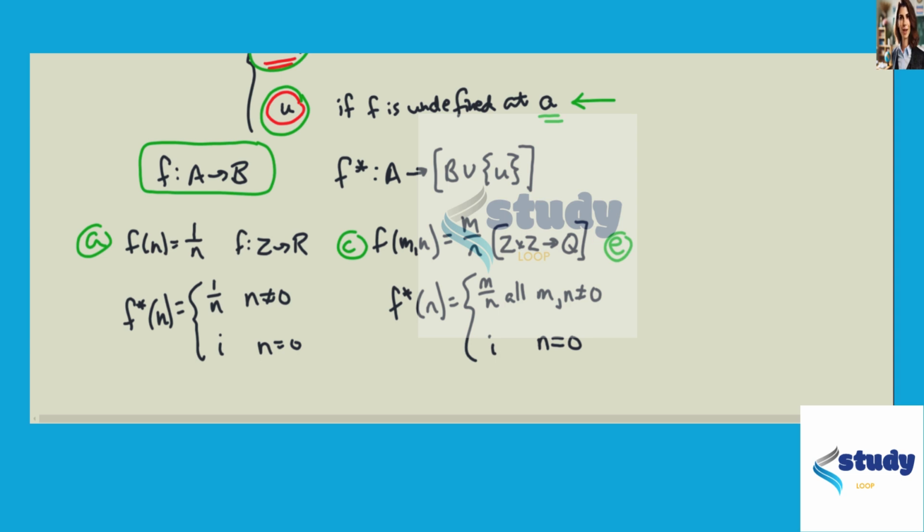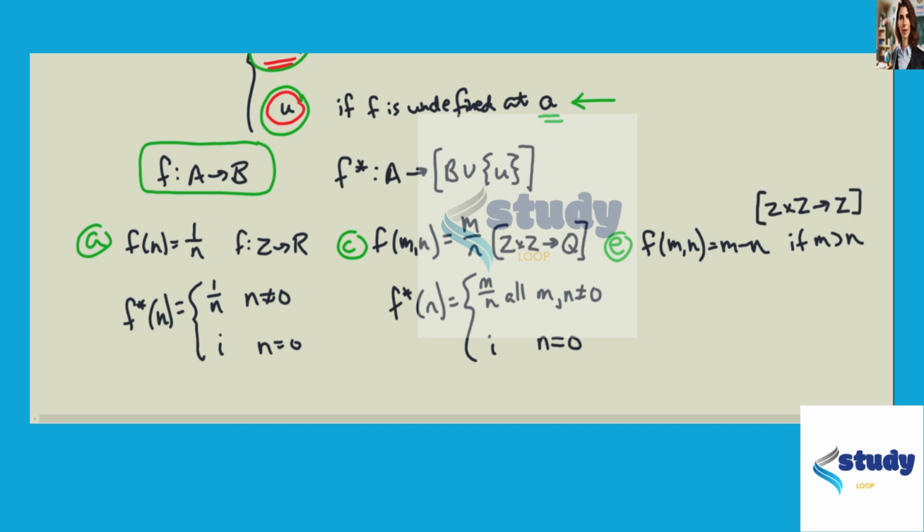Now E. I have another function in 2 variables, and in this case, it is m minus n. And I'm told that m is greater than n. And this here is my domain.